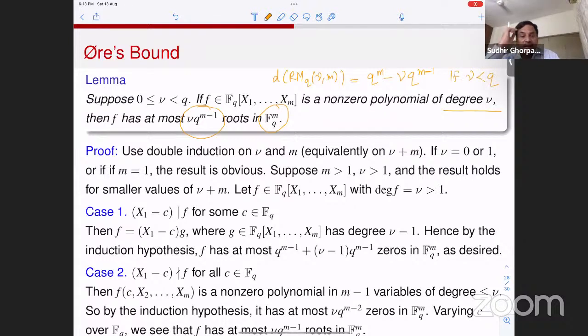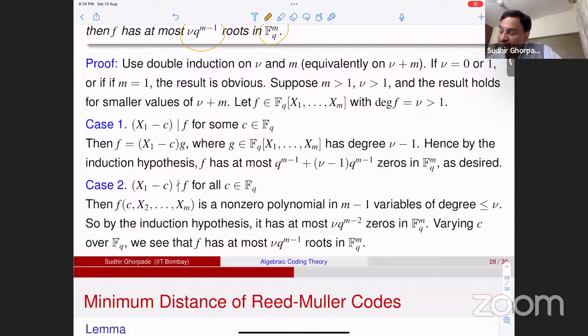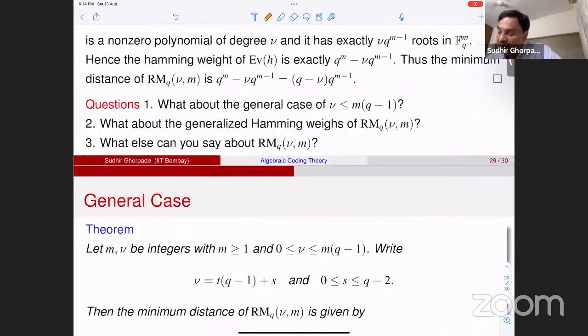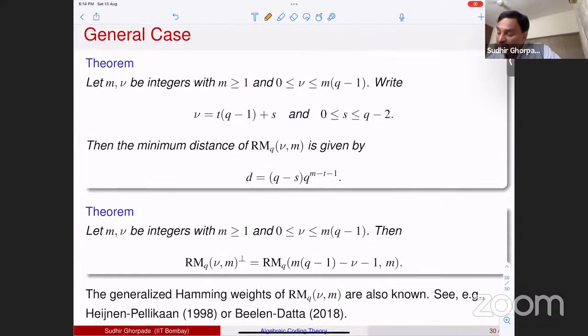But if nu is not less than q, it's a more challenging problem, which has been answered by various mathematicians. In the general case, you have to do some work to get the formula for the minimum distance.